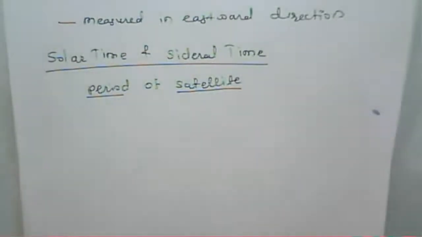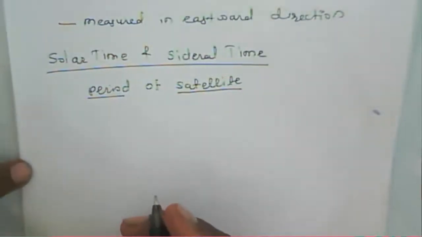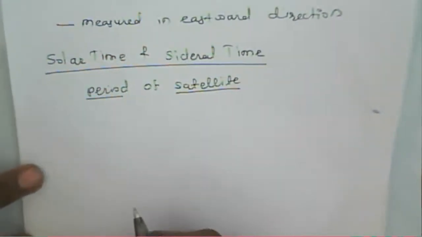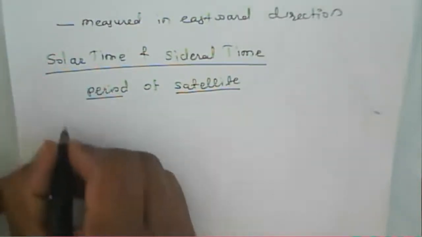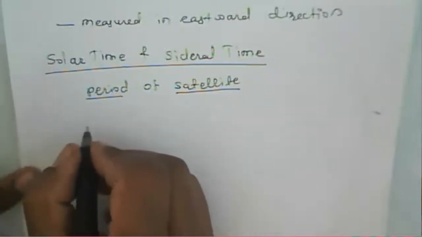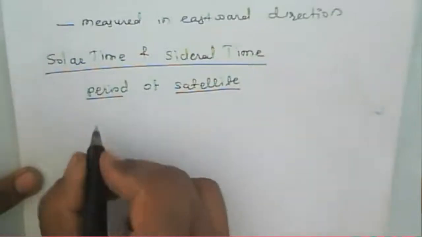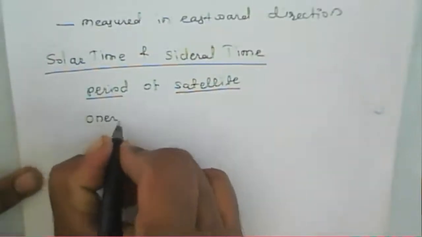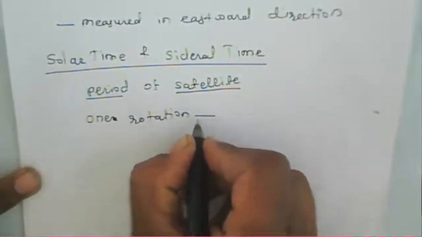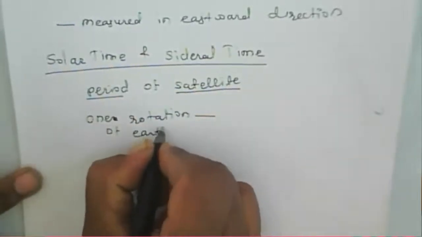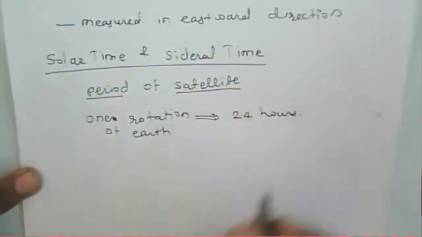But in our daily system, our calendar shows how the Earth is rotating around the Sun, the calendar year. One rotation of Earth, we consider, is about 24 hours.